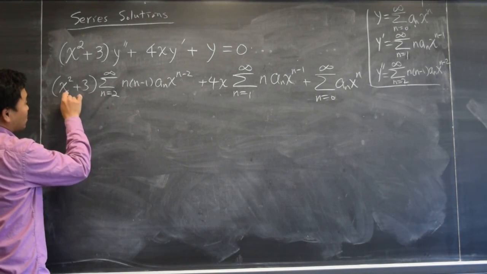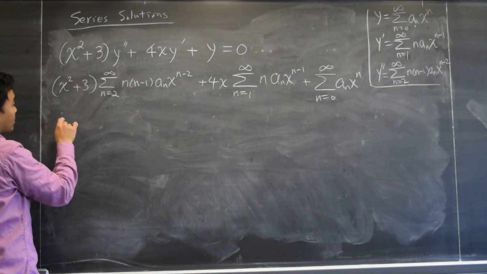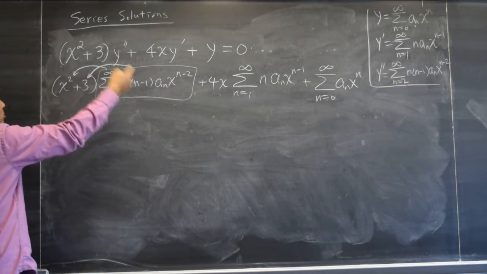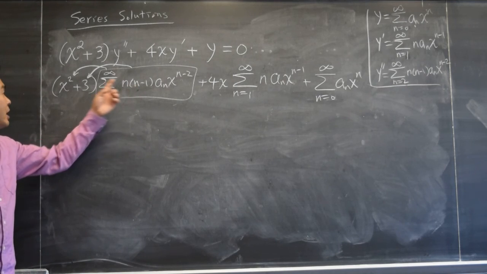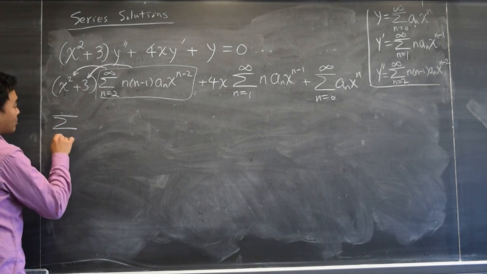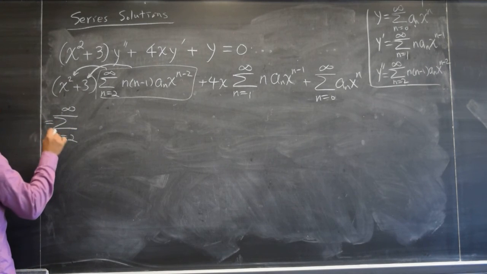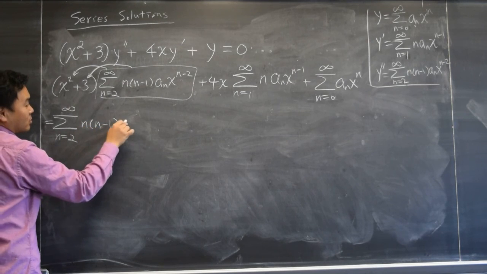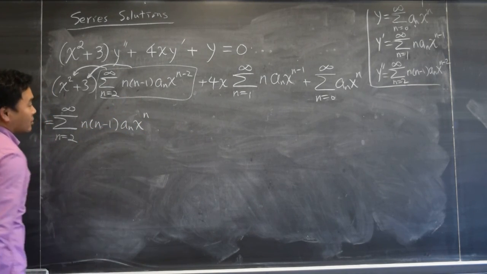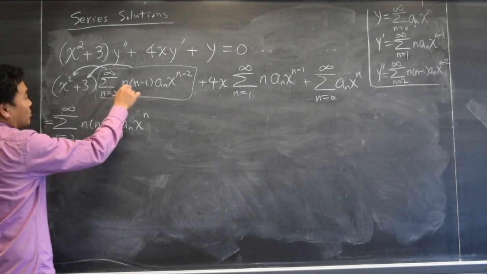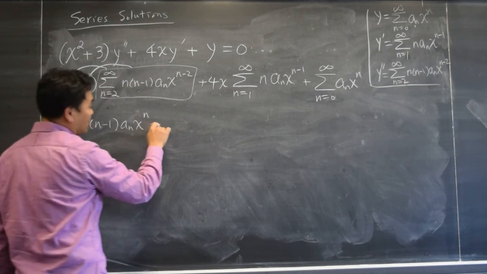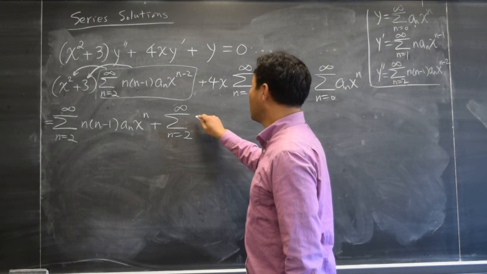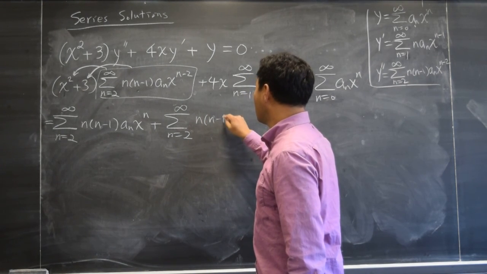We'll basically do this times this, and this times this. So we're going to distribute like that. When x squared is multiplied to this, you get sigma of n times (n minus 1) a n x to the n. And when 3 gets multiplied to this, you get sigma n equals 2 to infinity of 3 n (n minus 1) a n x to the n minus 2.